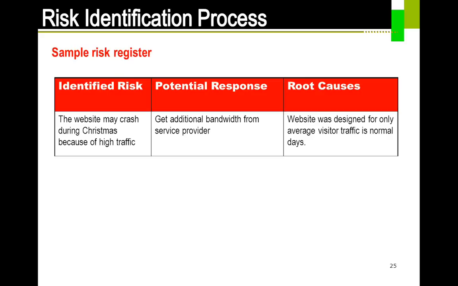That's a risk to the website itself. So you can see, get additional bandwidth from the service provider when you are able to foresee the risk. So you would be prepared. You would speak to your service provider and say that during the period of Christmas, maybe from December 15th to January 1st, I would like to have additional bandwidth over 10 times whatever I have. Then you will be able to mitigate the risk.